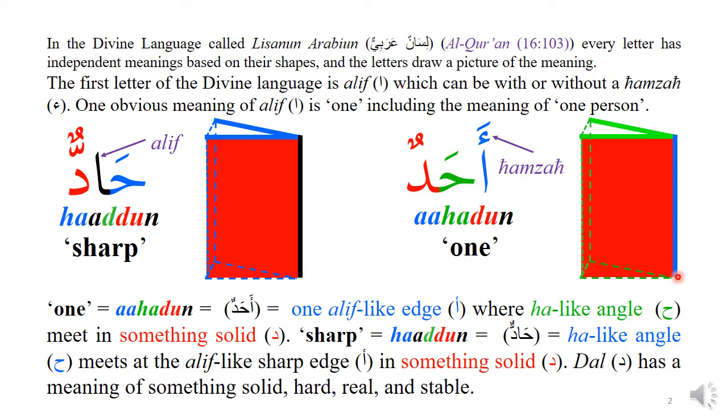Interestingly, haddun means something sharp. You can see the ha looks like an angle again, the angle of something which meets an alif-like edge of something solid. It has to be something solid. Obviously it cannot be something like liquid or gas for this to be a sharp edge.